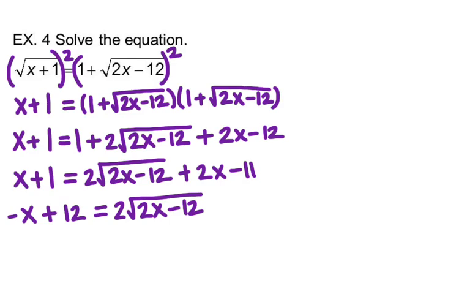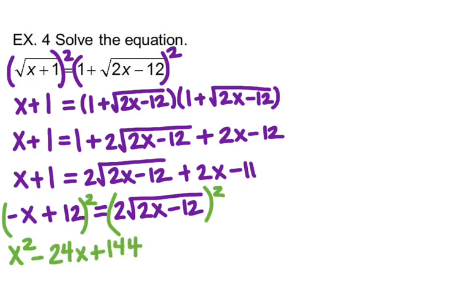So again, we're kind of at the same predicament as the beginning. I still have a radical in my equation, so I need to square both sides to get rid of that radical. On the left-hand side, we're going to multiply negative x plus 12 times negative x plus 12. So when I multiply or FOIL that out, I'm going to get x squared minus 24x plus 144.